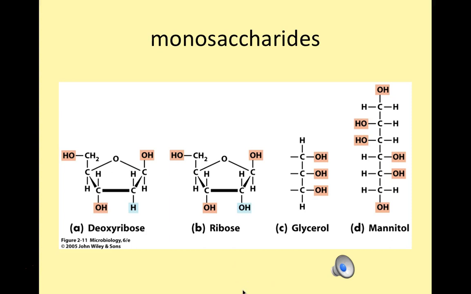If we take a look at two other examples in the image, glycerol is a 3-carbon monosaccharide, and mannitol is another 6-carbon monosaccharide. So the monosaccharides, which are the building blocks of carbohydrates and polysaccharides, come in a variety of shapes and arrangements.